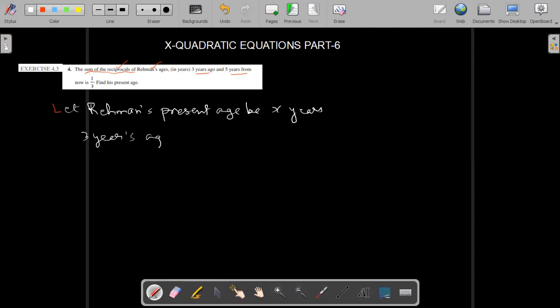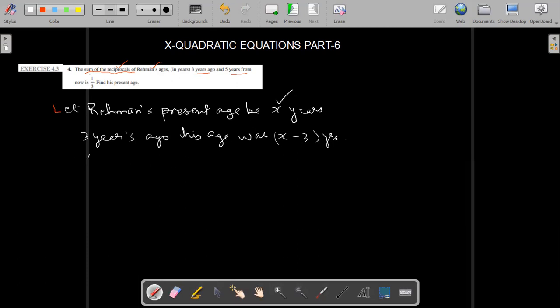3 years ago, his age was X minus 3, because from today, 3 years ago, you have to subtract 3. So 3 years ago, his age was X minus 3 years, obviously. And 5 years from now, from today his age is X years.